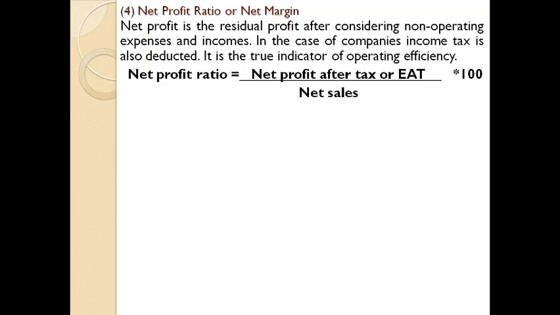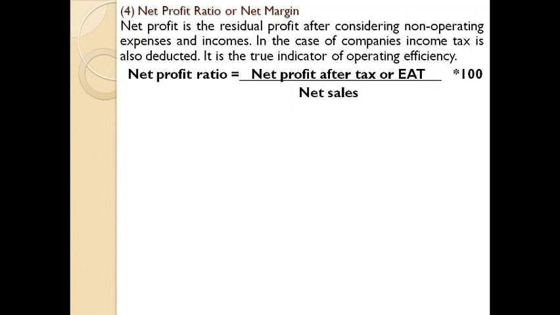Net profit after tax, otherwise known as earnings after tax, has to be taken into consideration for making net profit ratio analysis. And there is no specific standard regarding the interpretation of the organization's ratio. It means that an organization having a higher ratio has good operational efficiency.